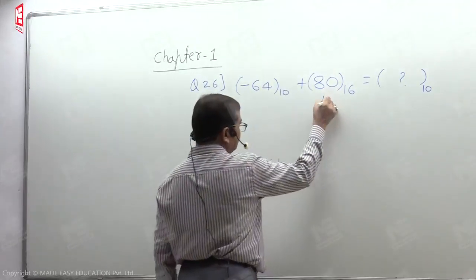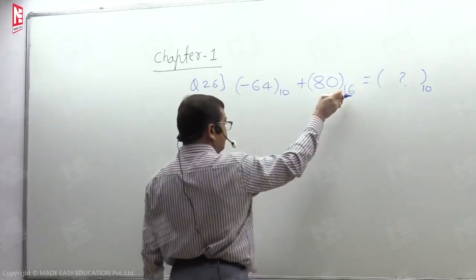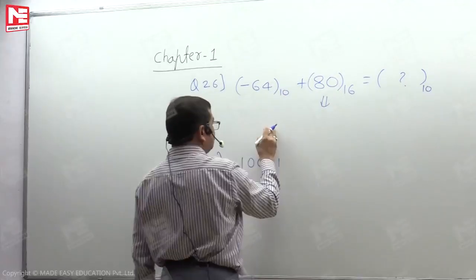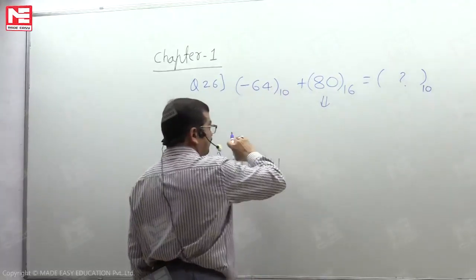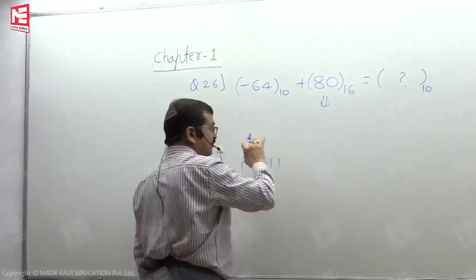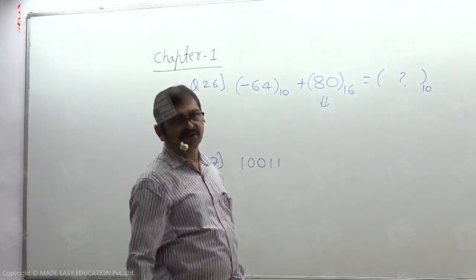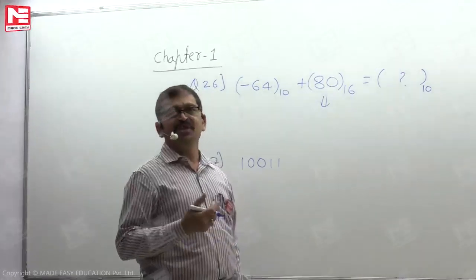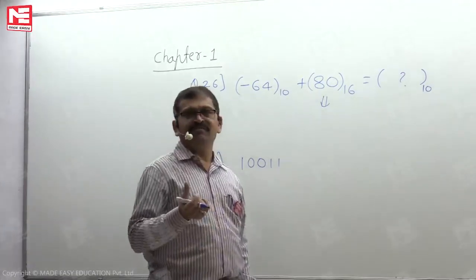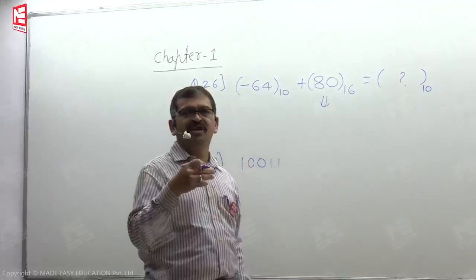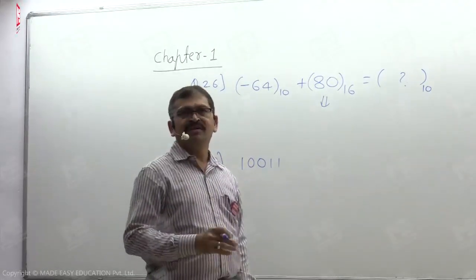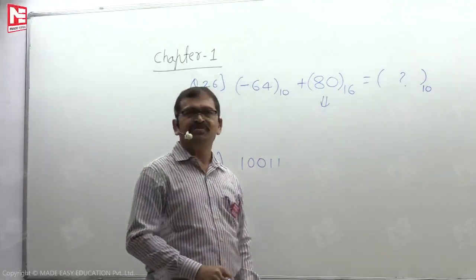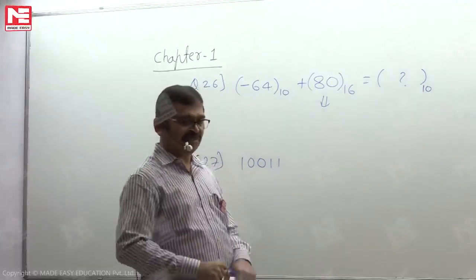For this number the base is 16, and for this number the base is 10. When we want to add these two numbers, we need both numbers to have the same radix. The same applies to subtraction. Whether it is addition, subtraction, or in general any arithmetic operation, all the numbers must have the same radix, the same base.